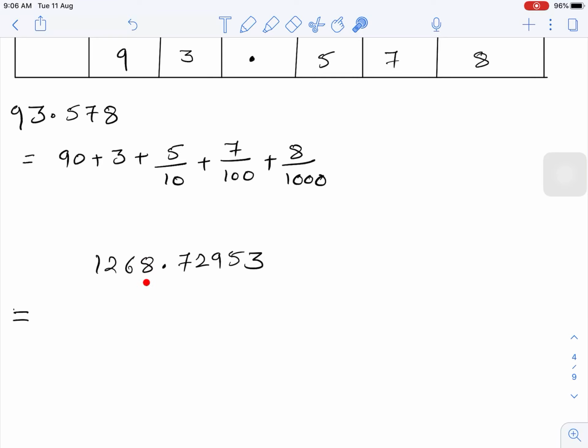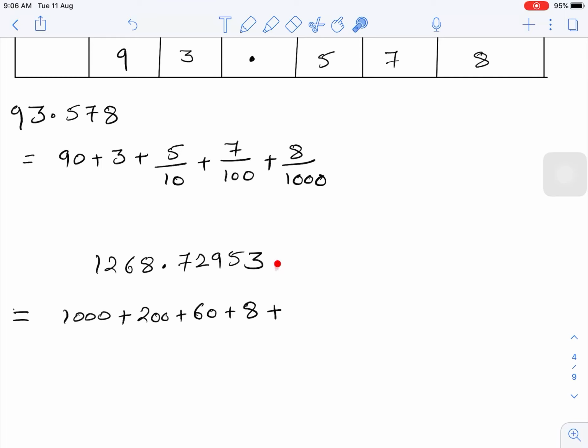The place values go ones, tens, hundreds, thousands. Here 1 is written, so it can be written as 1000 plus. The place value of this 2 is hundreds, so it can be written as 200. The place value of this 6 is tens, so that can be written as 60. The place value of this 8 is ones, so simply 8 plus.